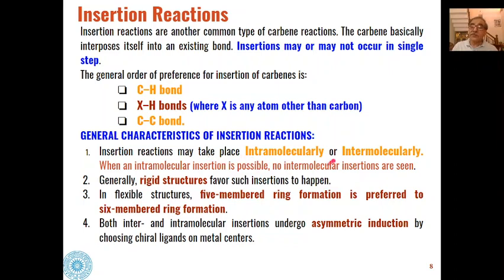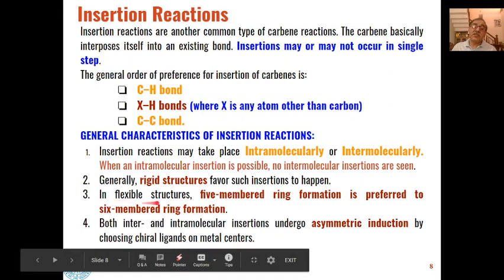And the rate of intramolecular insertion is always faster than the rate of intermolecular insertion reaction. And insertion reactions will take place generally in rigid structures. Rigid structures will favor such types of insertion reactions.